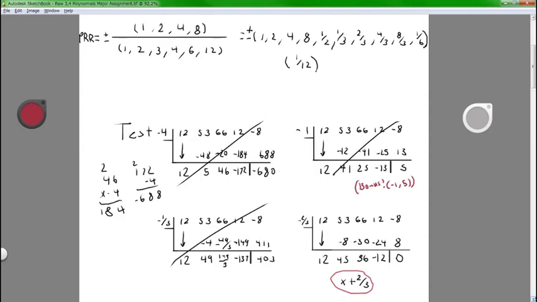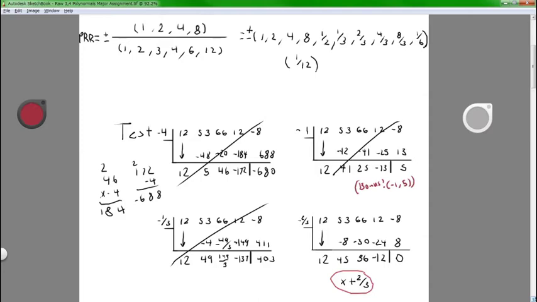So I decided to start with the fraction. I started with -1/3, same deal. -1/3 times 12 gives you -4. 53 minus 4 gives you 49. Continue down the line, multiply it again, you get 66 minus 49/3, and then you get 149/3.